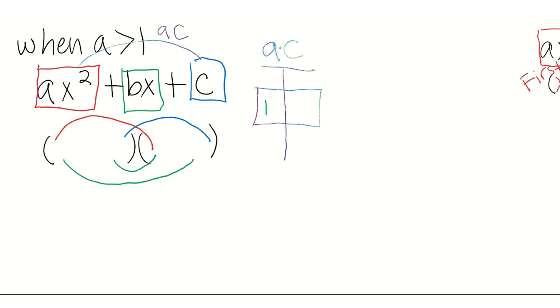We'll call the factors b1 and b2, because we want these two numbers, when I multiply them together, to equal a times c, and when I add them together, to give me my b.